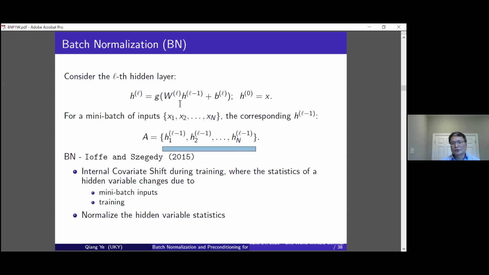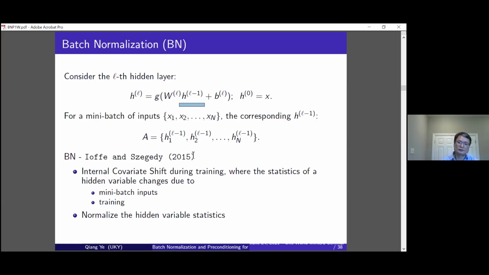That change creates some difficulty in the training of W_l, which was trained over a data set with a certain mean and variance, when in the new training step the mini batch changes and the statistics change. So W_l has to adapt to that change of the mini batch statistics.